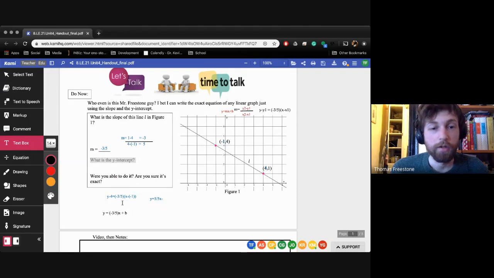So if everyone can see, there's a couple differences between the two equations here. We want to make sure we capture all of the information from the original equation and transfer it over to this new one. And not make too many changes at once.